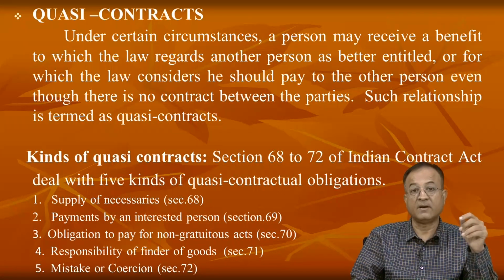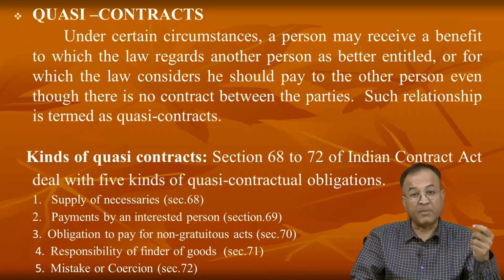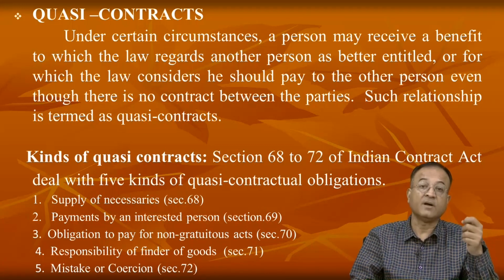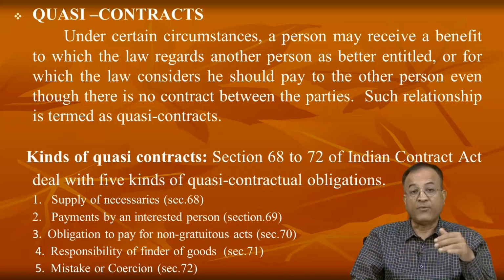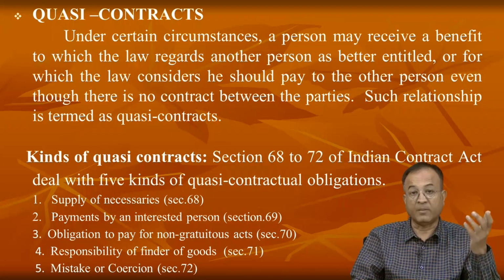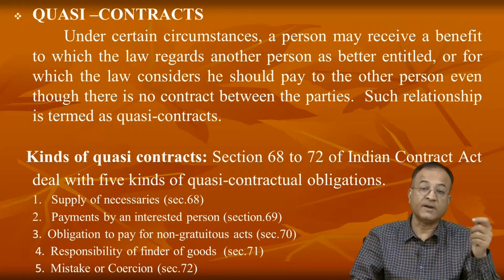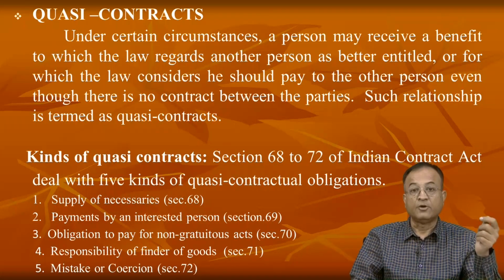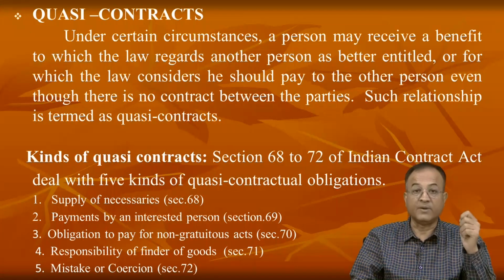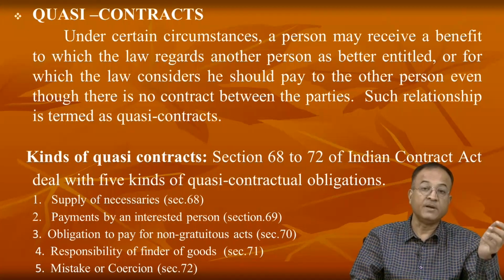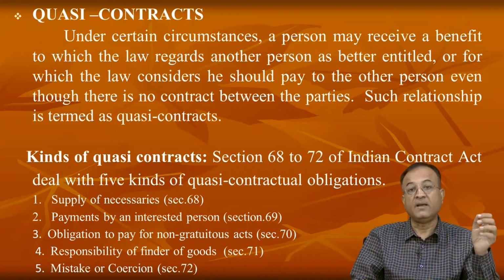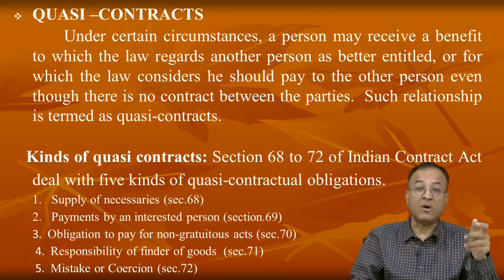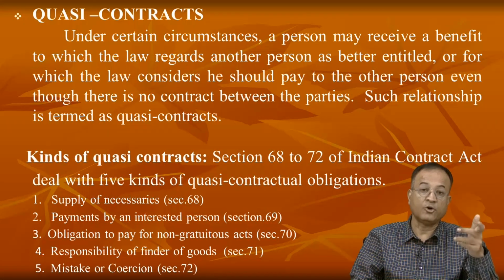However, certain essential requirements should be fulfilled: the payment made should be bona fide for the protection of one's interest, the payment should not be a voluntary one, and the payment must be such as the other party is bound by law to pay.